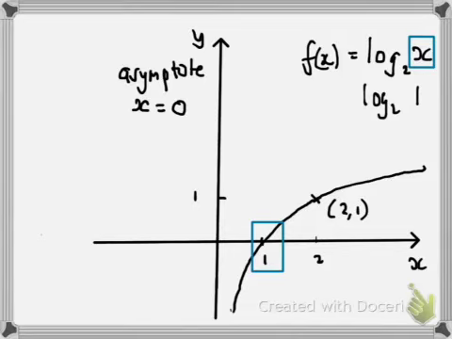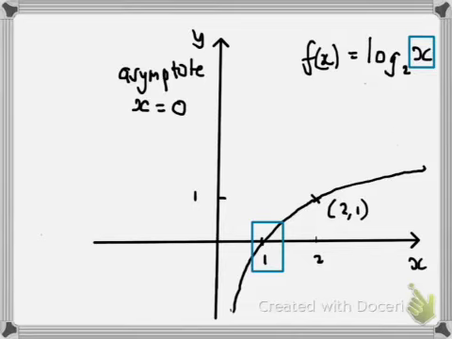So in all these graphs, when x is 1, y equals 0, because log 1 to the base anything is always 0. And why is that? Because 2 to the power of 0 equals 1, if we take it from log form to index form. So it always passes through, unless it's been dilated or moved or something, the point (1, 0).